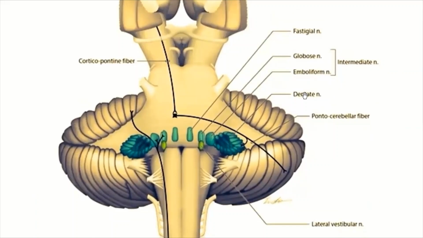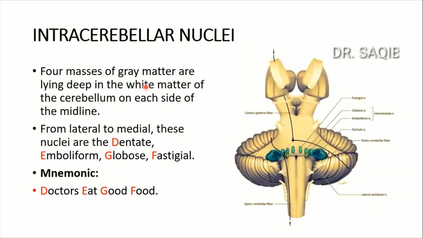This is the emboliform nucleus and globose nucleus, collectively known as the intermediate nucleus or the interposed nucleus. And this is the medial-most nucleus. A mnemonic for remembering from lateral to medial is: the doctors eat good food. D for dentate, E for emboliform, G for globose, and F for fastigial.